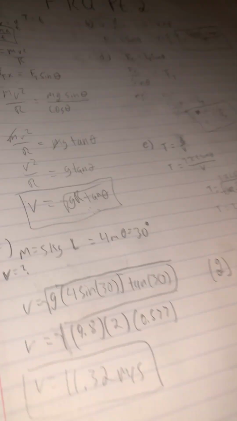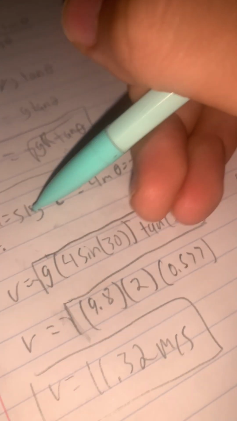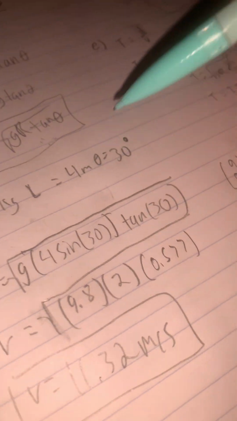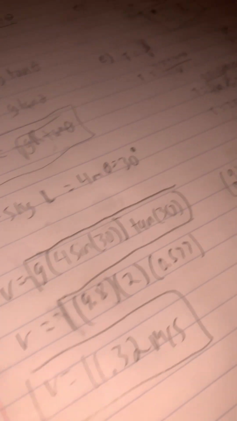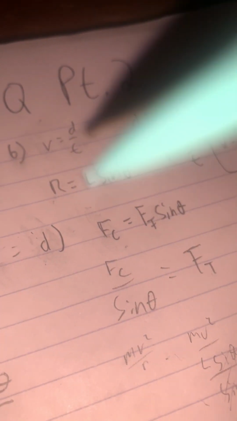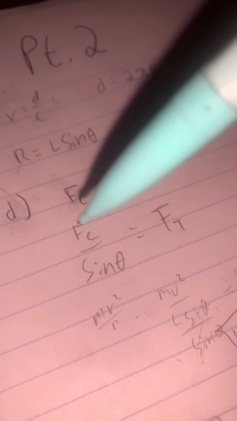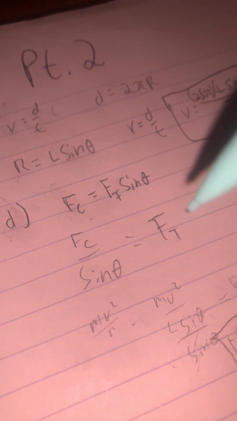Alright, now question G is asking us to find what FT is, using the same numbers from before: the mass of 5, the length of 4, and theta of 30 degrees. Earlier we derived that FC is equal to FT sine theta, so we can just divide by sine theta, so FC over sine theta is equal to FT.